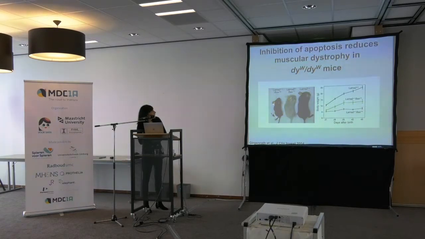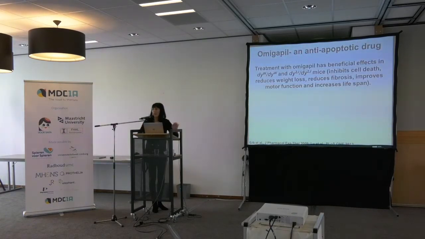Here you are looking at the DYW mouse, it's sick, here is a normal mouse, and here apoptosis was inhibited. And you can see that this mouse is much bigger. It has increased body weight, and they also live longer. So clearly apoptosis is a disease-driving factor in MDC1A.